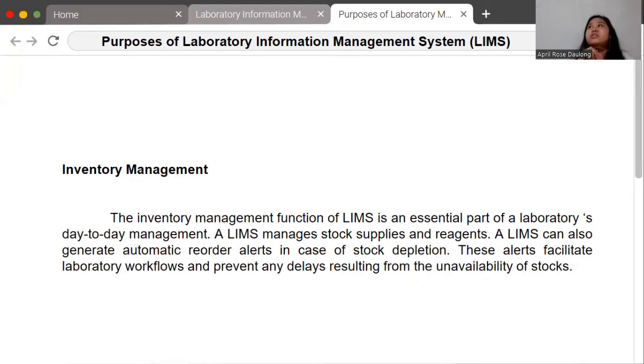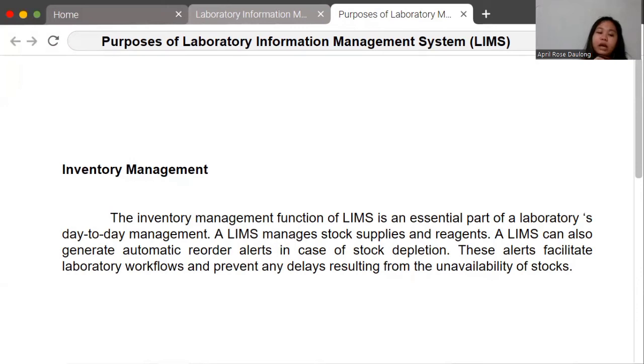So it's not just about samples, but maka-benefits po siya sa mga inventory management. The LIMS can fully automate this process, ensuring that supplies are ordered in advance according to requirements.